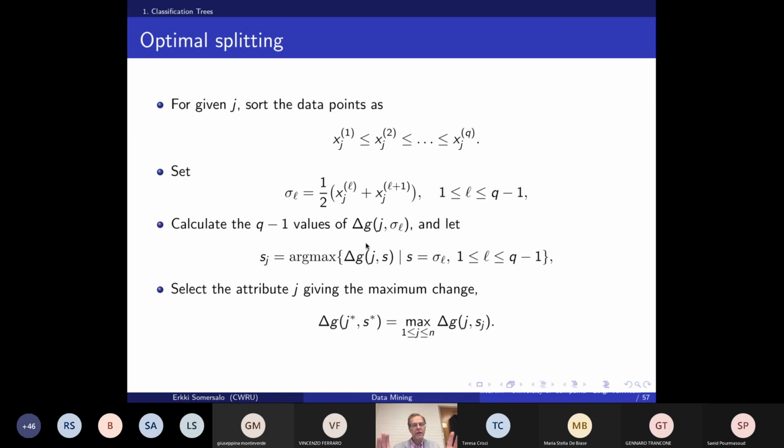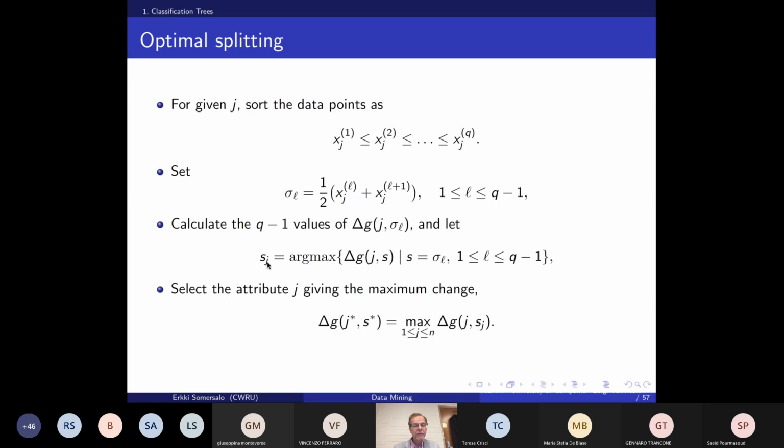Now we have a finite number of values. We choose the value Sj that gives the maximum change in this Gini index. You just pick the one which gives the maximum. If you have several maxima, you just choose one of them, for instance, randomly.